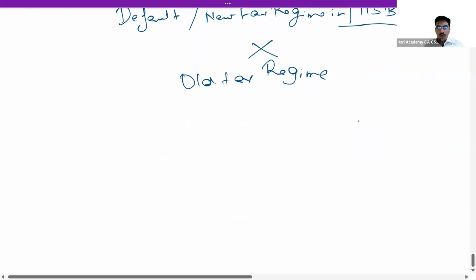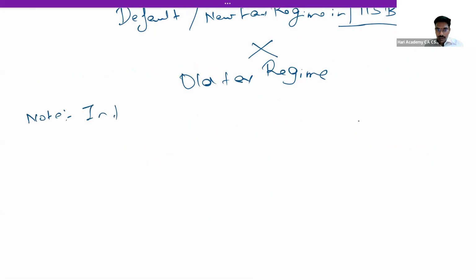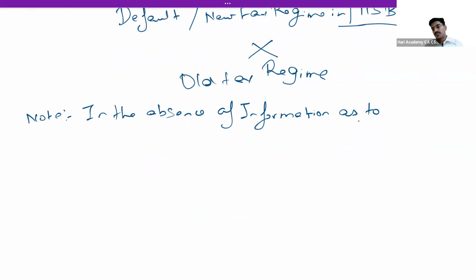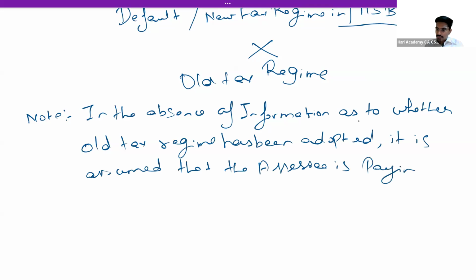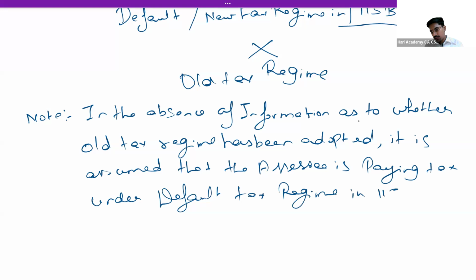But while writing in the exam, just give a note which will specifically state that in the absence of information as to whether old tax regime has been adopted, it is assumed that the assessee is paying tax under the new tax regime, the default tax regime in 115BAC.